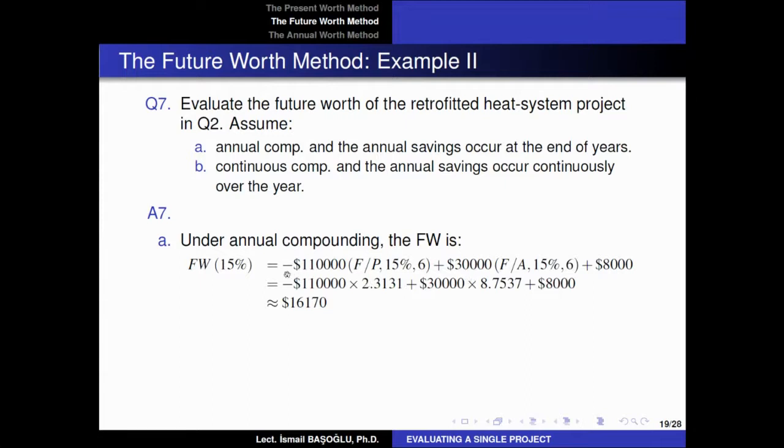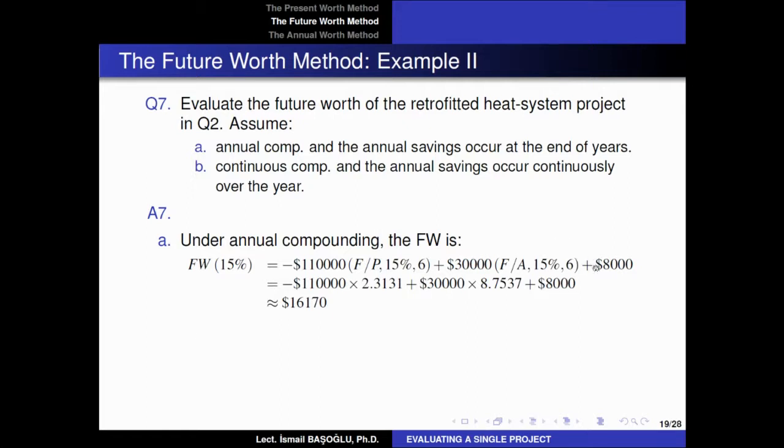In that case, the initial cost, $110,000, will be multiplied with the single payment compound amount factor, F over P, which is simply 1.15 to the power 6. Plus, this $30,000 is going to be multiplied with the uniform series compound amount factor under 15% interest rate for 6 years, which can be looked up from the first table.